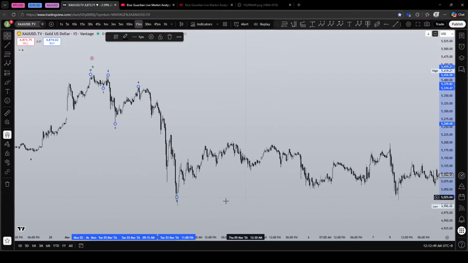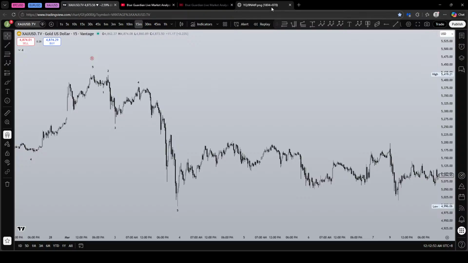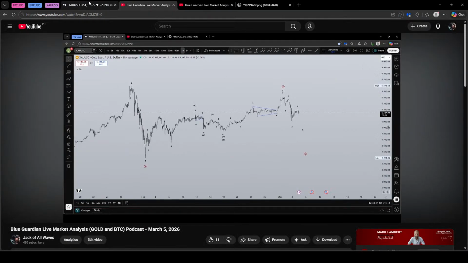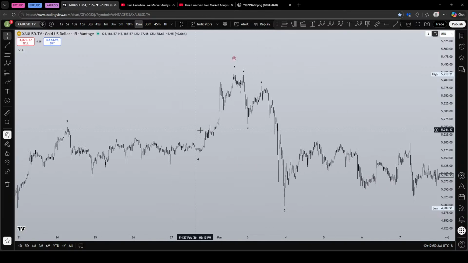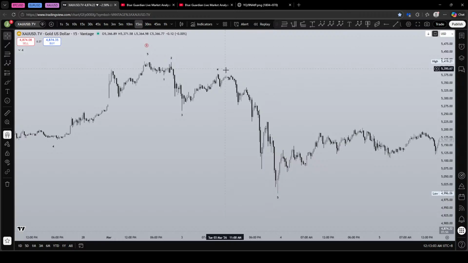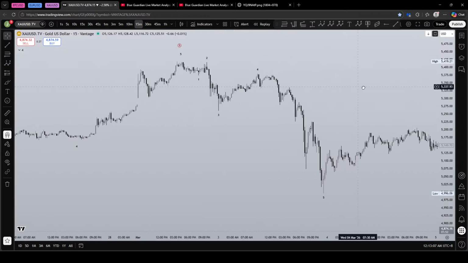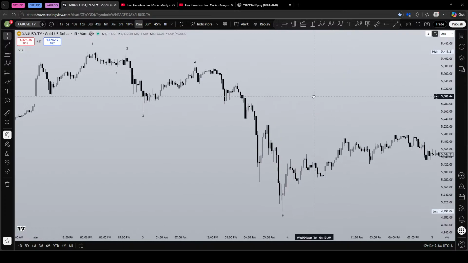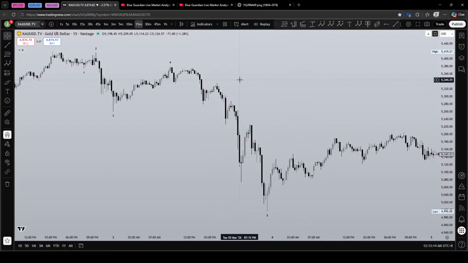The reason why I am changing the initial structure like this is simply because the internal waves will not satisfy an impulsive wave 3. We know, for those who are always present in my sessions, there are three cardinal rules of Elliott wave theory.